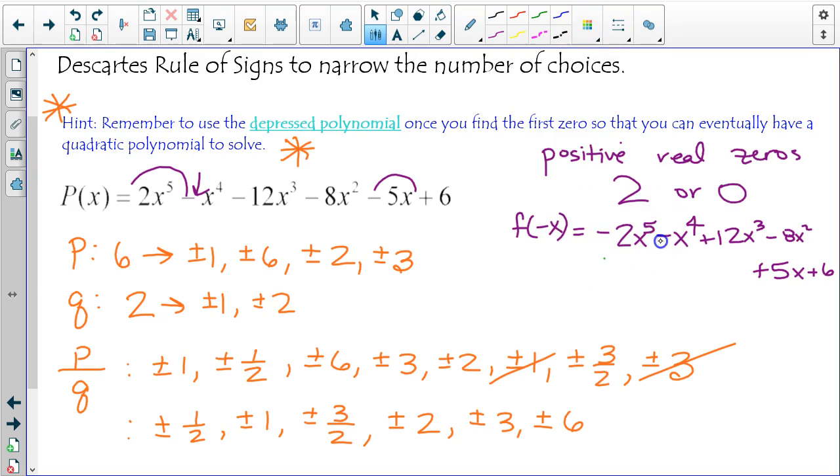Negative, negative, nope, negative, positive, positive, negative, negative, positive, positive, positive. So how many? 3, and then subtract 2 until you get to 1 or 0. So you have 3 or 1. So we definitely have a zero that's negative. That's what that tells me, right?